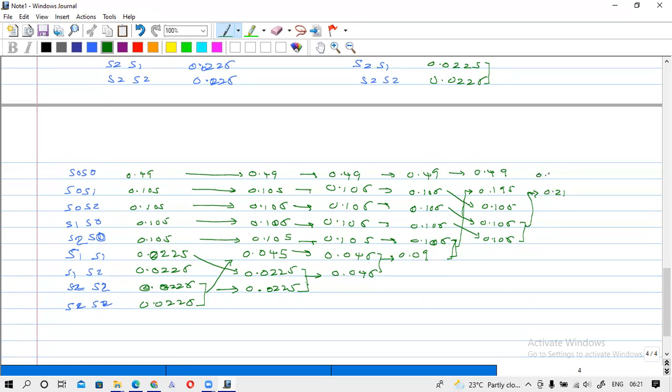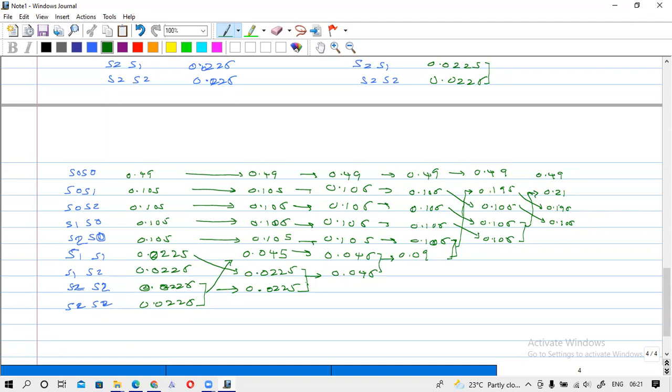This will not move here. 0.49 will be there. So here it is 0.21. So this one will again move. 0.195, this will move. 0.105. That's all, no? So this will move like this.